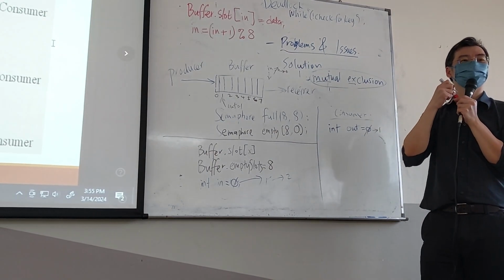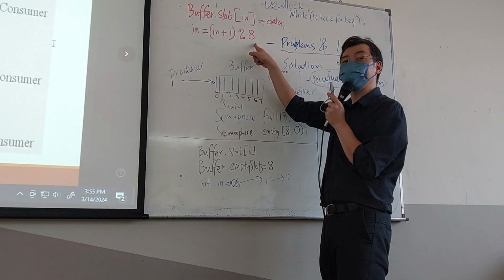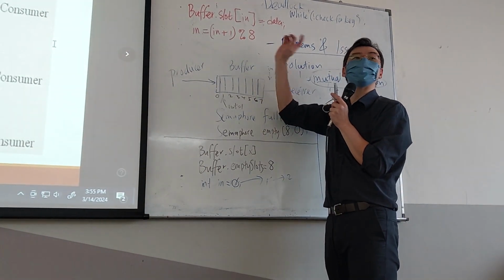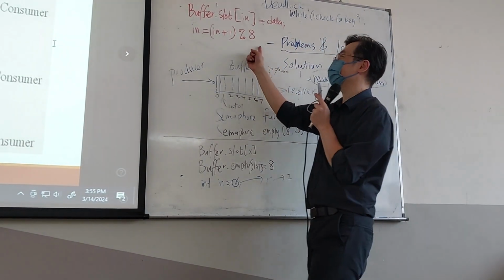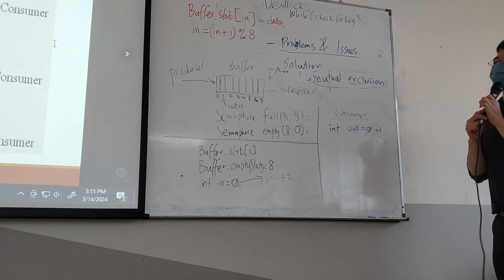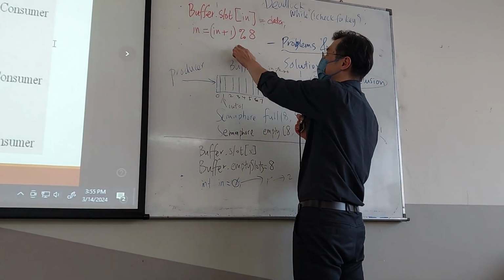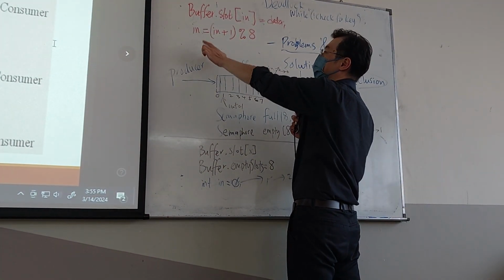Yes. Because 7 modulus 8 is 7. 8 modulus 8 is 0. Then right now it wraps around to 0. Okay? So when I do this slot, I should do the in and then I wrap around.